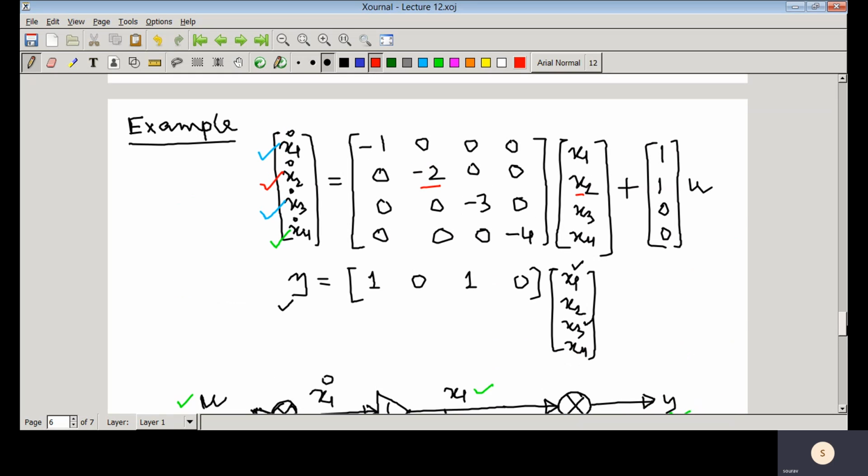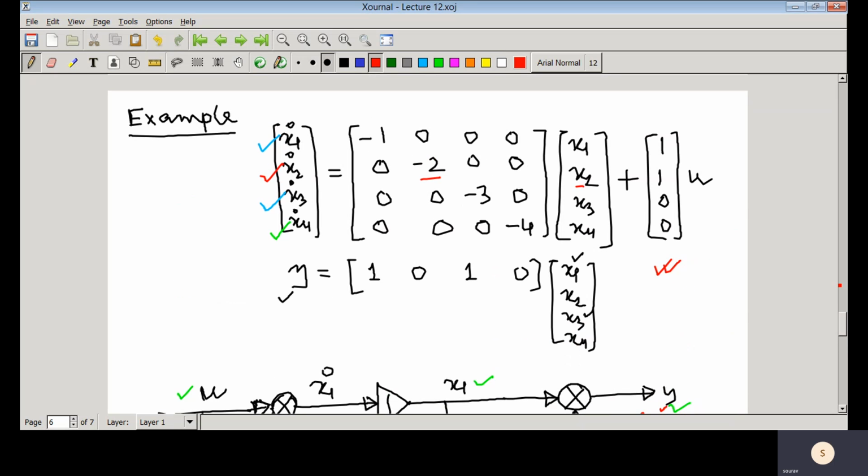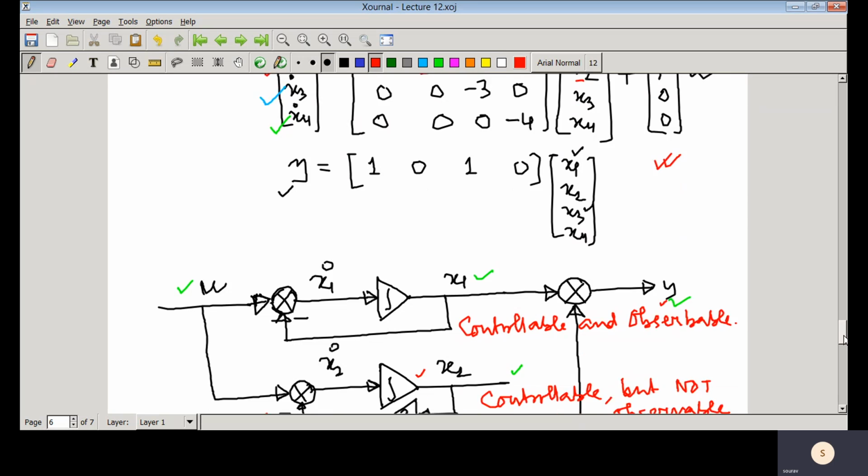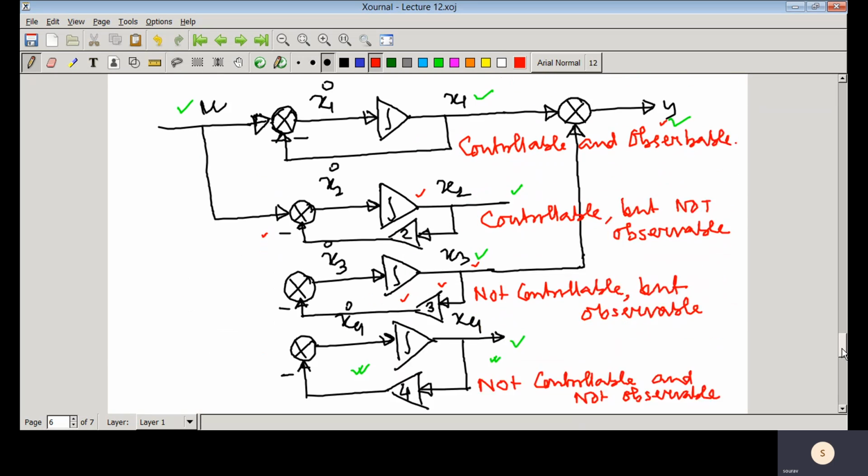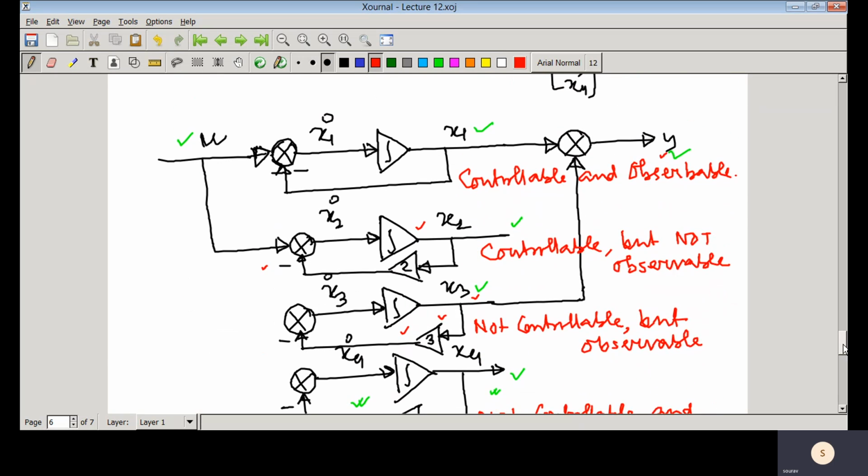If you have a state space description like that with 4 states, just from this state diagram we can understand that the 4 states are of 4 different types. The first state is controllable and observable, and the second state is controllable because the control input is connected directly to it, but it is not reflected at the output because this channel is broken. That's why it is controllable but not observable.